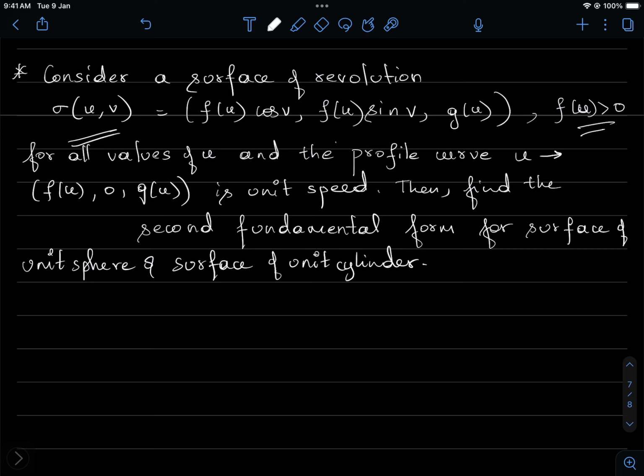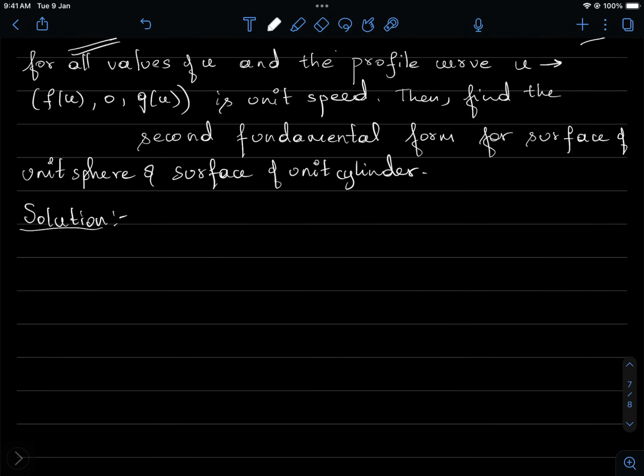Then find the second fundamental form for the surface of unit sphere and surface of unit cylinder. For that, first let's write the definition of the second fundamental form.